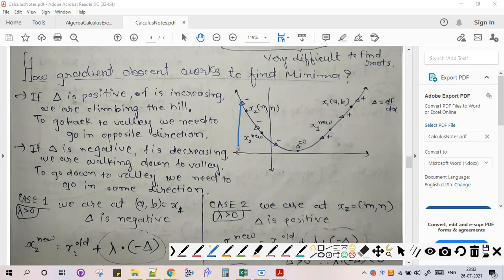If my x is here and I'm adding something, I'm going towards this direction, right? Because this is the positive direction, right? If this is let's say minus 10 and I'm adding plus 5, I'm coming to minus 5, right? So I will come here. So I can take any value in this direction and use this formula, and I will go towards the minima.